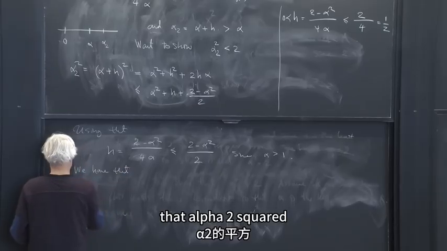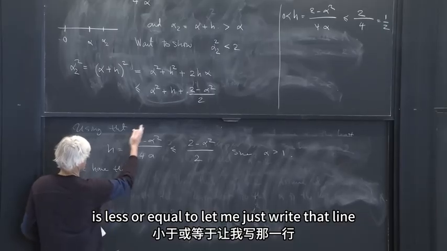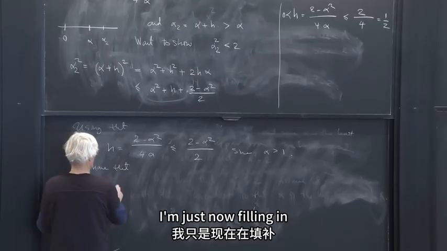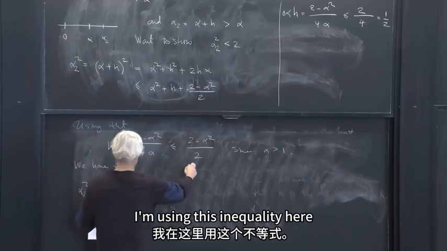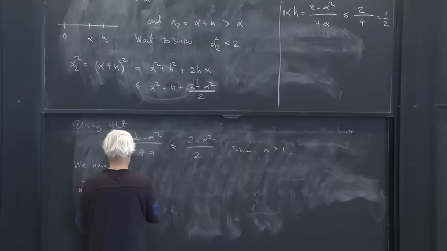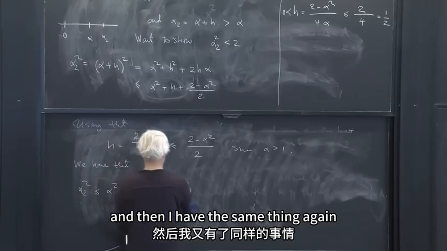that alpha 2 squared is less or equal to, let me just write that line, I'm just now filling in, alpha squared, the h here, I'm using this inequality here, 2 minus alpha squared over 2, and then I have the same thing again.